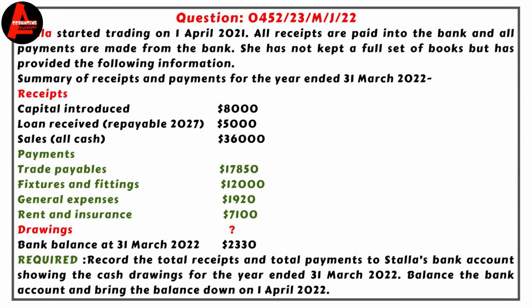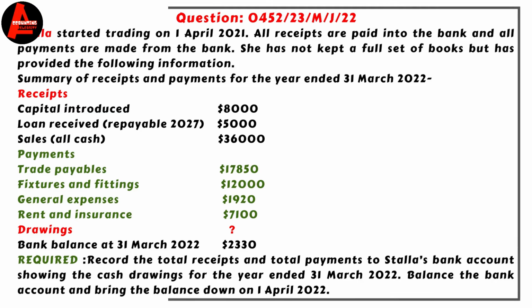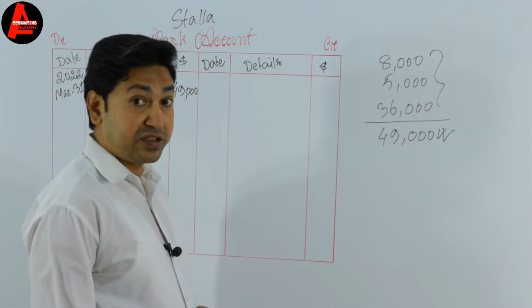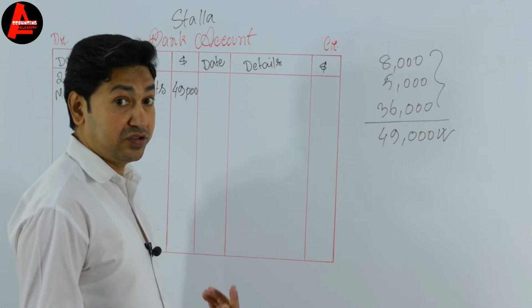In the question, the payments are trade payables, furniture and fixtures, general expenses, rent and insurance, drawings, which is a question mark that we will calculate, and the closing bank balance of $2,330. Let us write these amounts one by one to calculate our total payments.